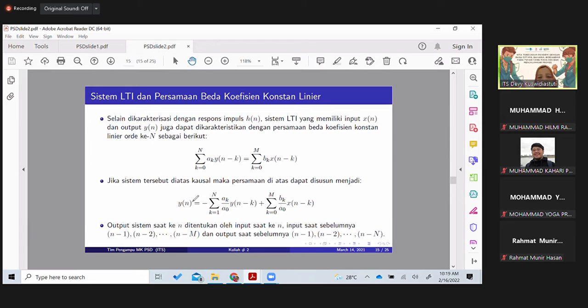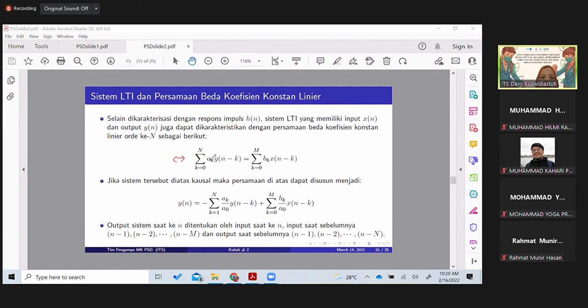If we have this equation, we could do it by taking out the y[n] value when k equals 0. You could see that in the next equation, the summation is not ranging from k equals 0 to n, but from 1 to n.